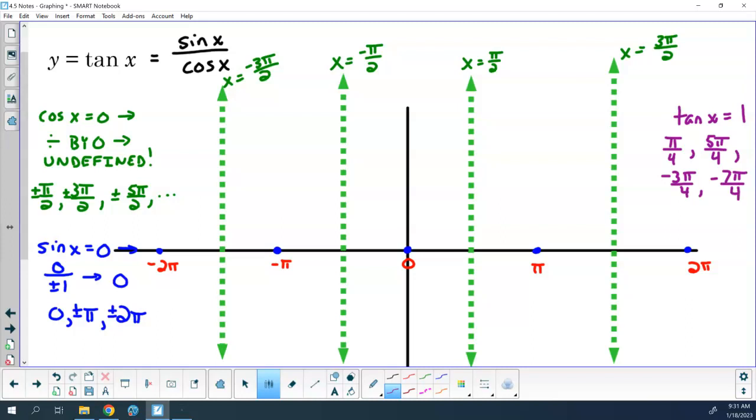So that would be here, here, here, and there.